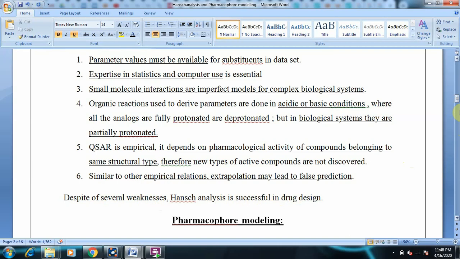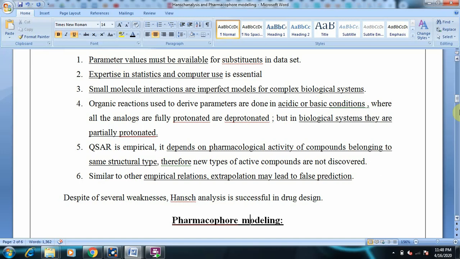And here, what is the essential criterion? At least two physico-chemical parameters should be described, or two physico-chemical descriptors must be used. One is lipophilicity for the transport of the drug across the system, and the other is electronic parameters for successful interactions in the binding site. Apart from these two descriptors, we can include several other descriptors, and we need to formulate an equation.